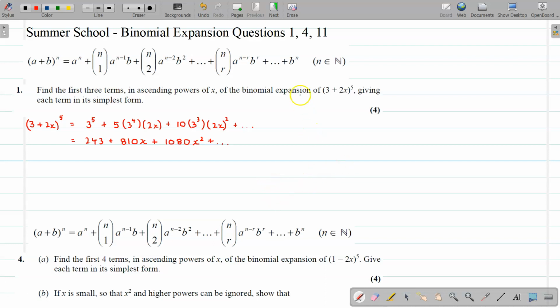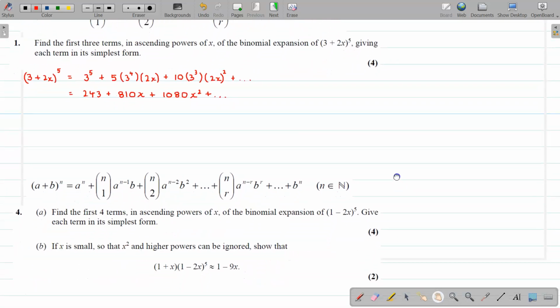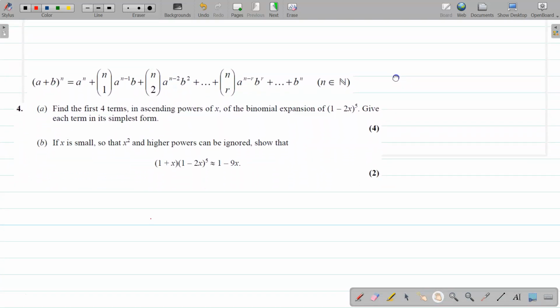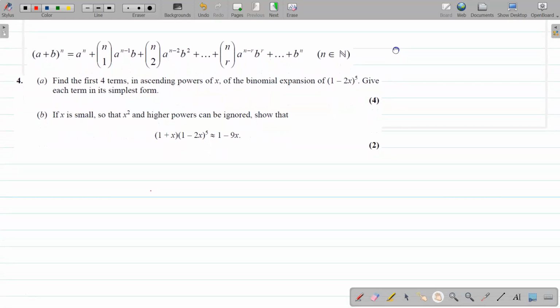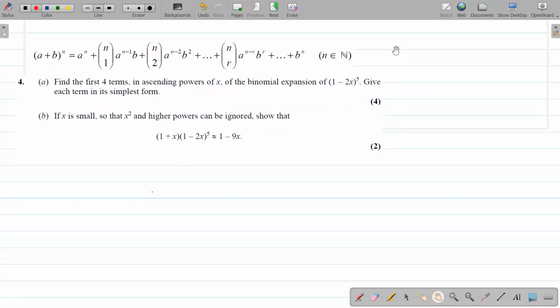Okay, so that was question 1. Now, question 4 from the same set of exam questions. I'll just scroll this up a little bit. I've just recopied the formula there for our use as given in the formula booklet. This time we've got to find the first 4 terms in ascending powers of this.